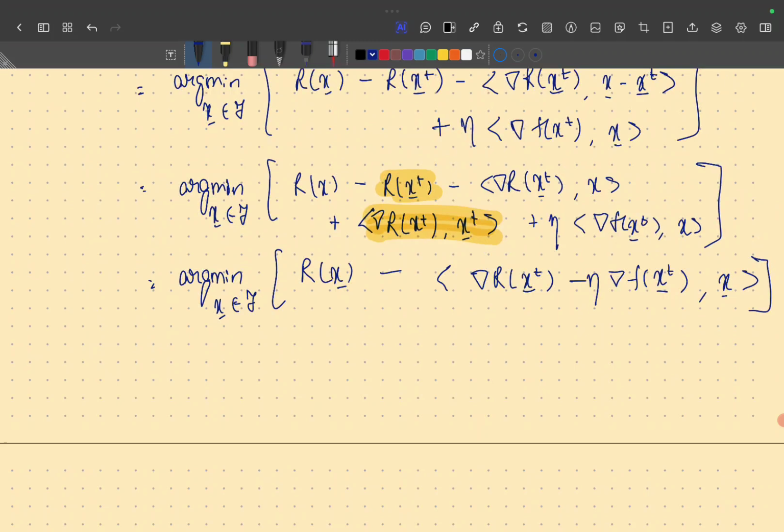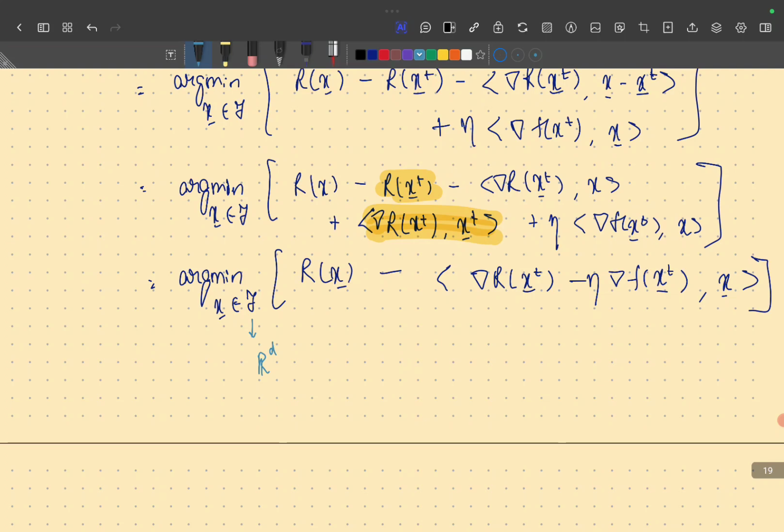Now, assuming that this was an unconstrained optimization problem, what is the solution equal to? Let's assume that this particular quantity is over R^d.